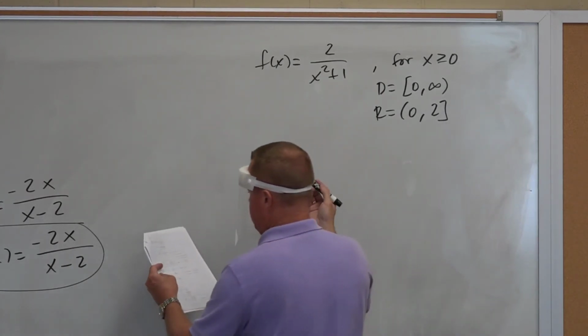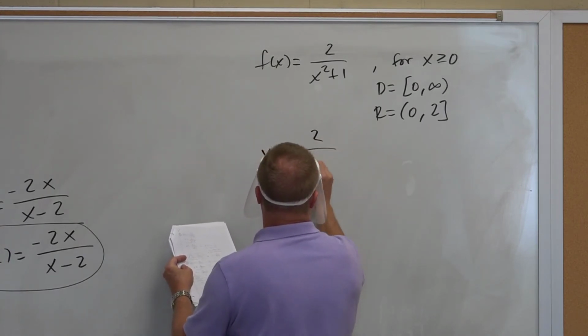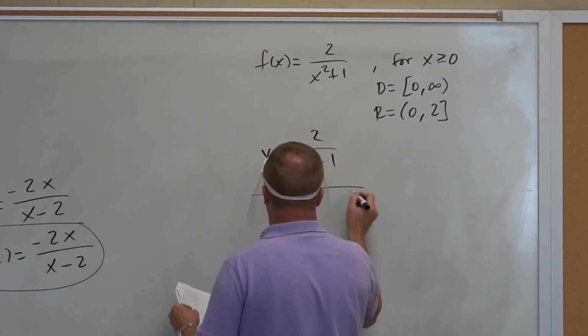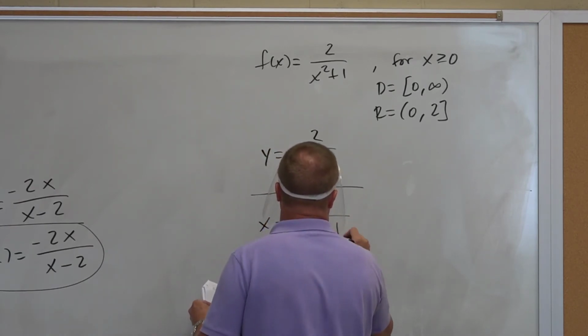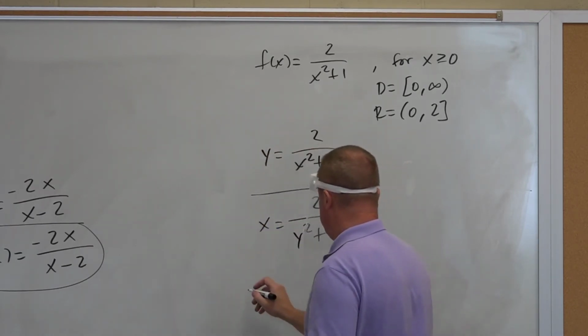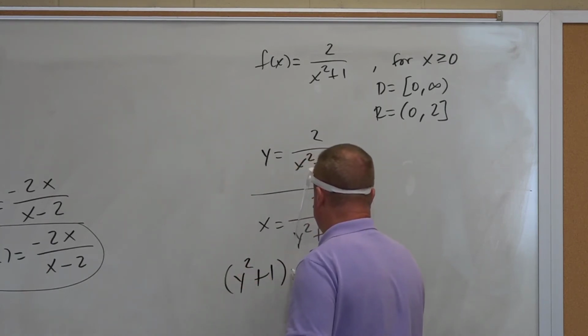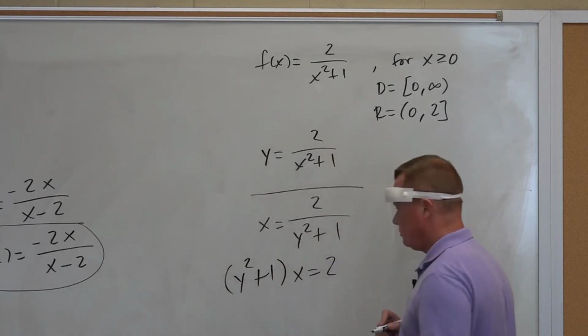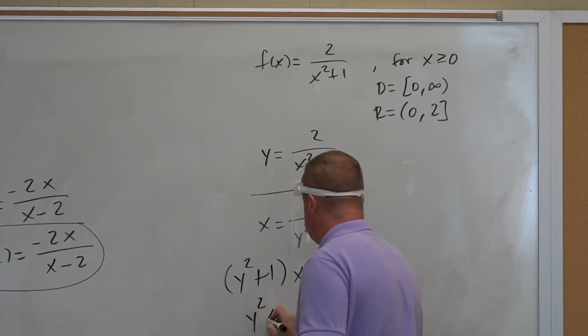So when I do the inverse, I've got to use this for my inverse. So algebraically, I'll just say y equals 2 over x squared plus 1. Swap the x and the y's. And now solve this. So let's do y squared plus 1 times x equals 2. All right. And then I can just distribute my x.